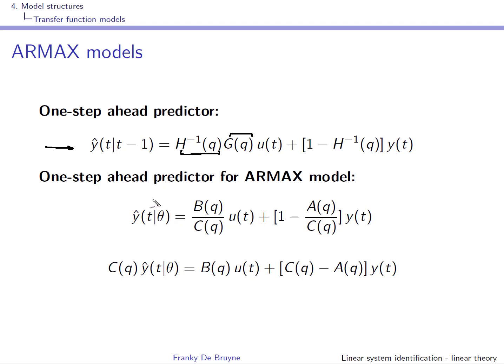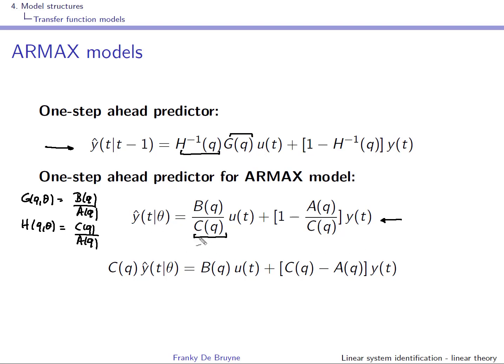So here we work with the ARMAX model, so we have to work with G(q, theta), which is B(q) over A(q), and we have to work with the parametrized noise model, which is C(q) over A(q). So very easily, this one inverse times this one will produce you B(q) over C(q), and here we have to use 1 minus the inverse of this one. So this is the one step ahead predictor for the ARMAX model.